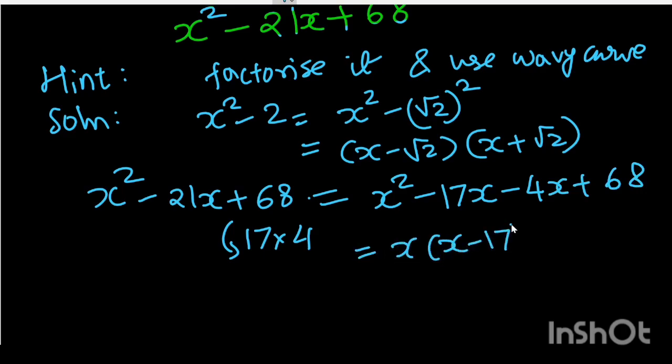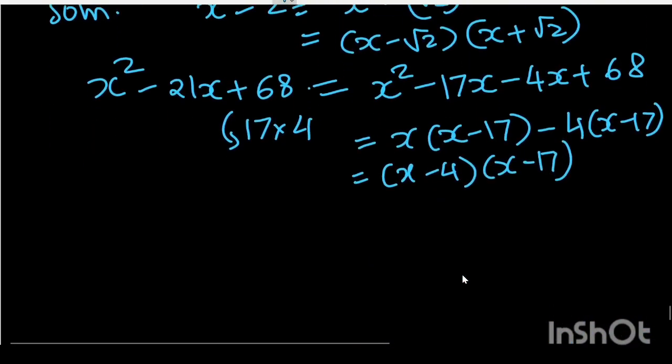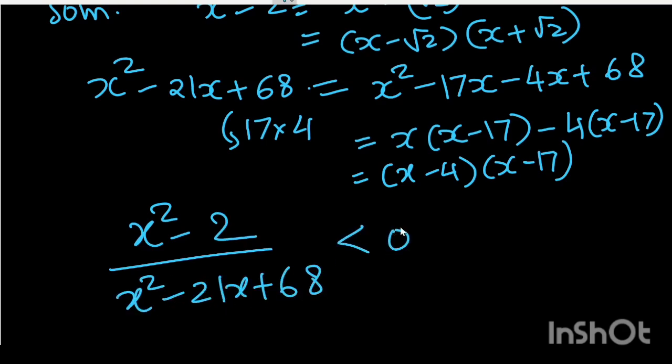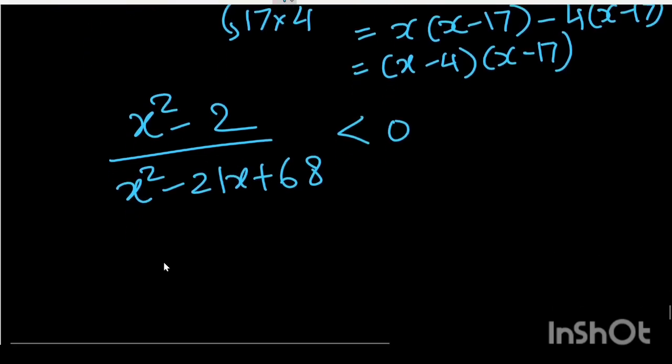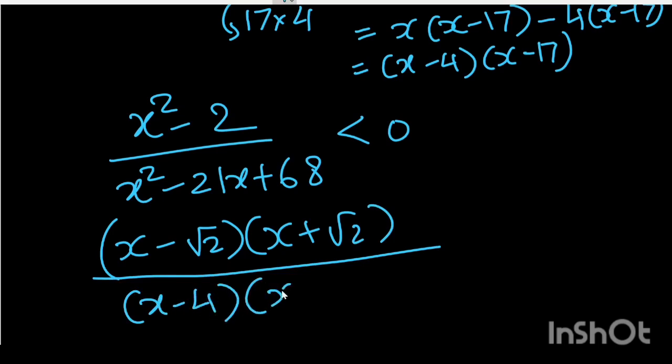Taking x common, x(x − 17) − 4(x − 17). So the two factors are (x − 4)(x − 17), guys. So this inequality reduces, in factor form, to (x − √2)(x + √2) whole upon (x − 4)(x − 17) less than 0.